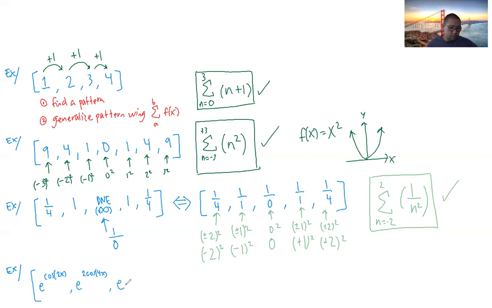The next one, e to the 3 cosine 6x. Last one, e to the 4 cosine 8x. Pause the video, find a pattern, generalize it back into sigma notation.